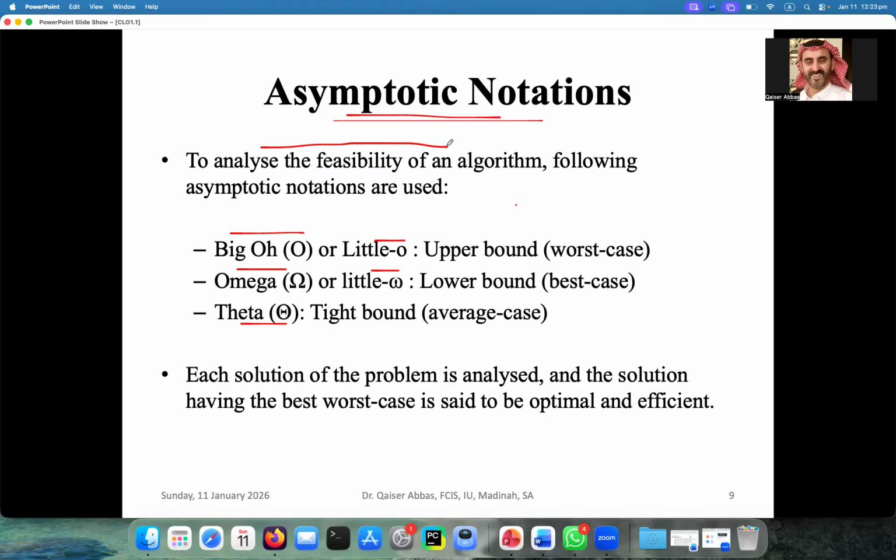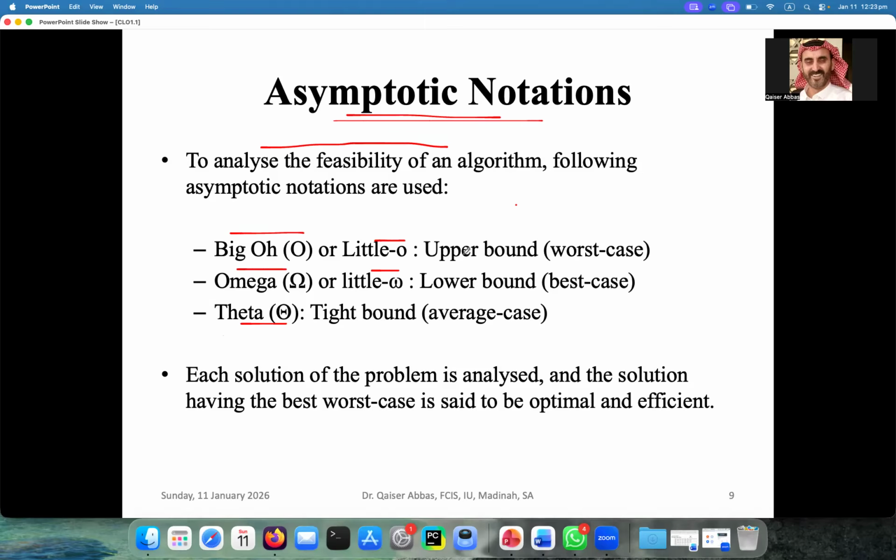Normally it means it is good to opt for that direction or not. So there are three asymptotic notations: big O and respective little o, big omega and respective little omega, and theta.